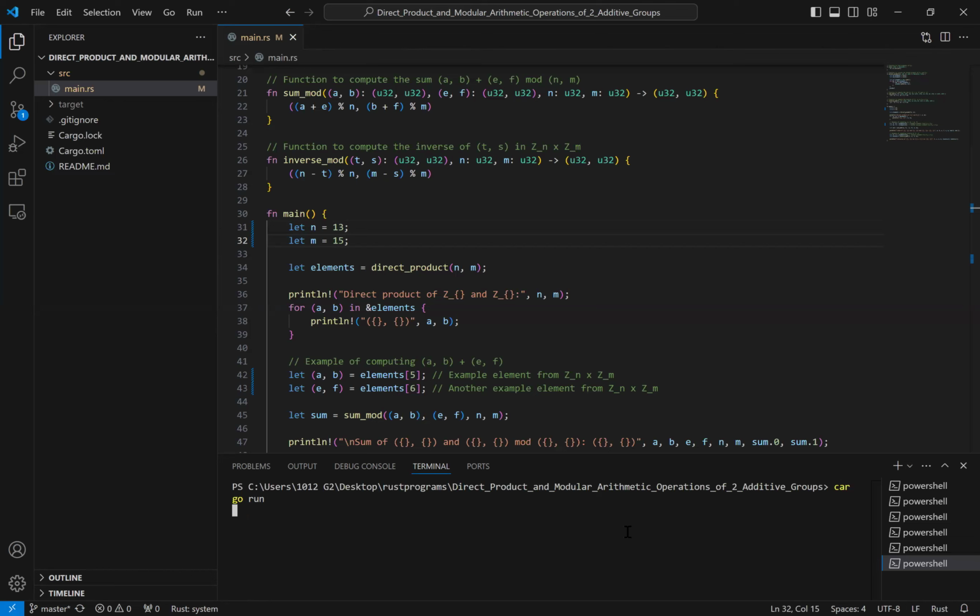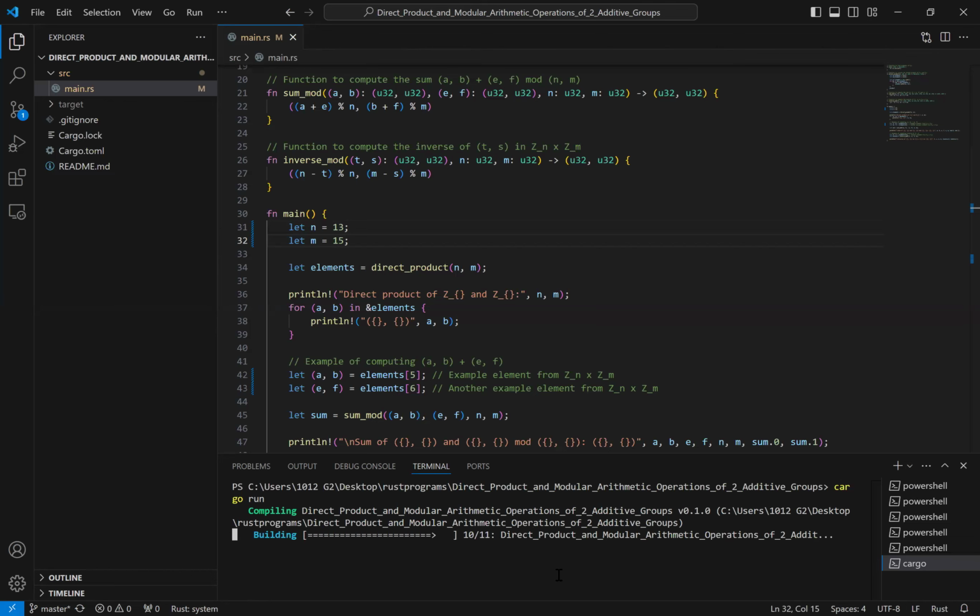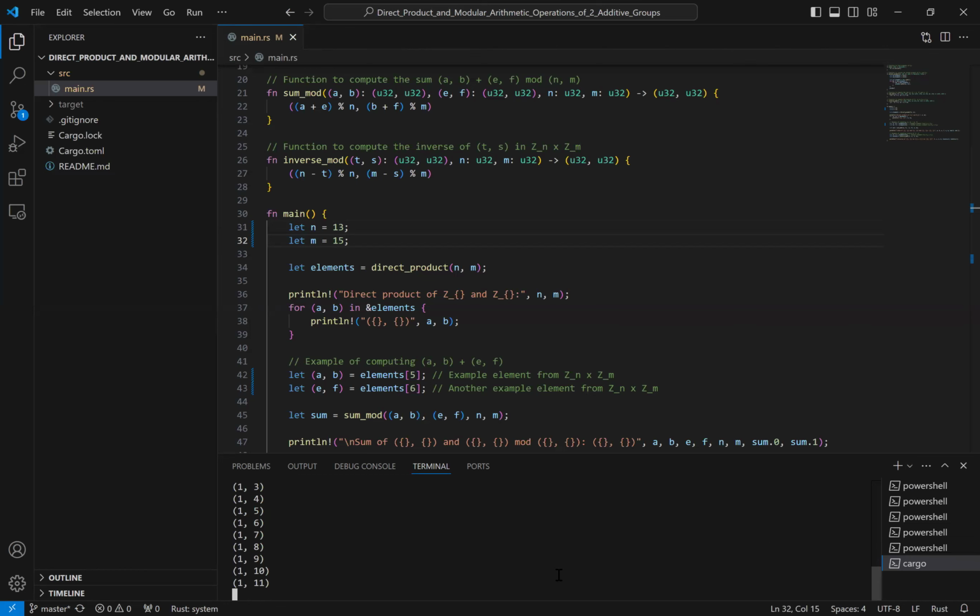So it generates all the elements of that group. Those are the elements of the group.